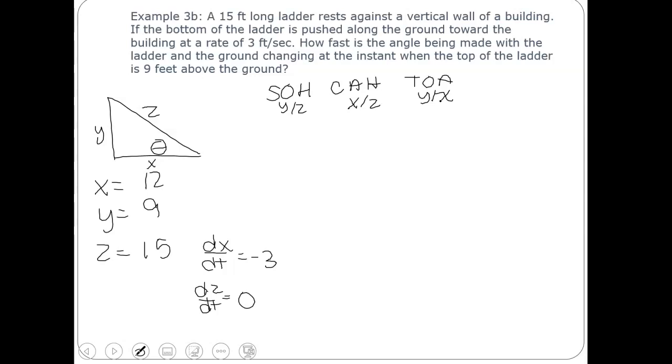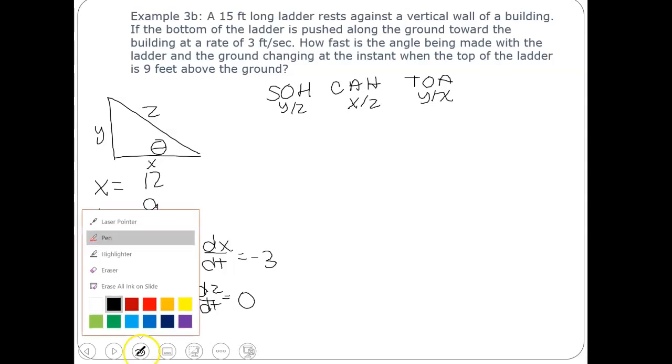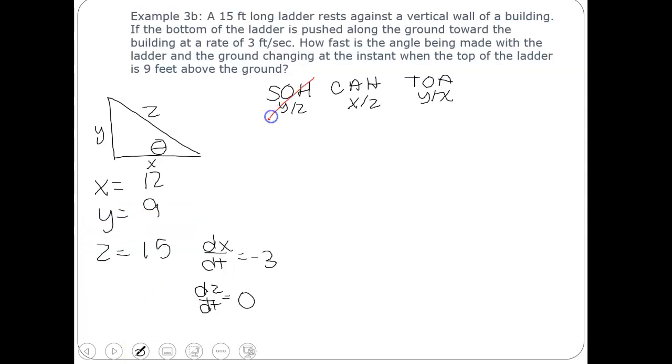That's how I pick the one I'm going to use. So the cosine of the angle is equal to the length x over z. That's my formula.